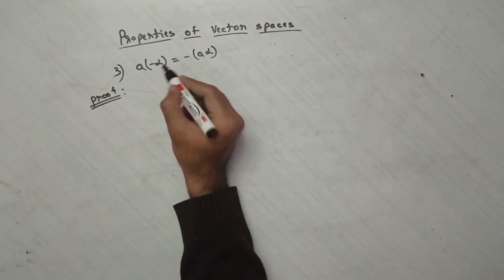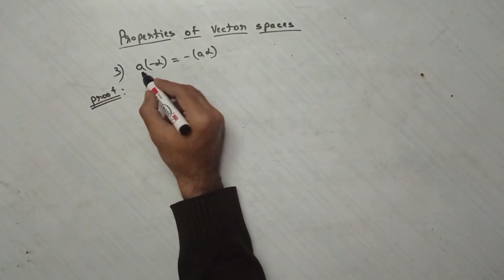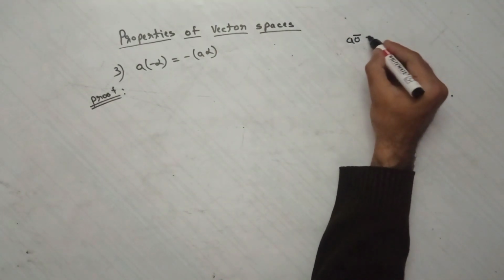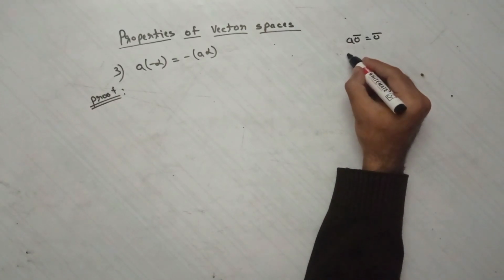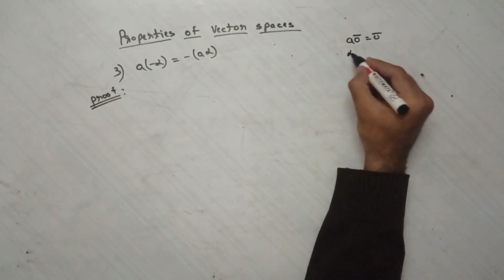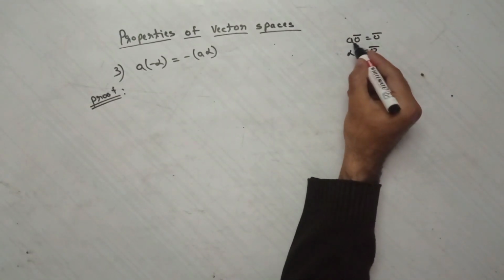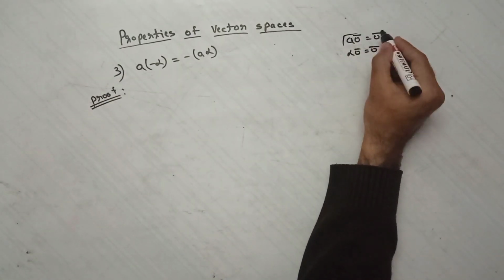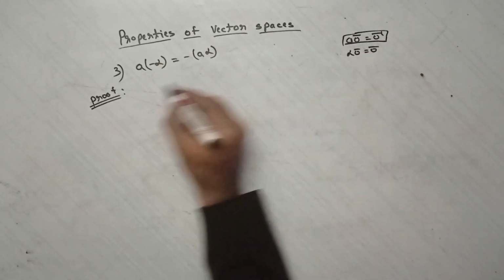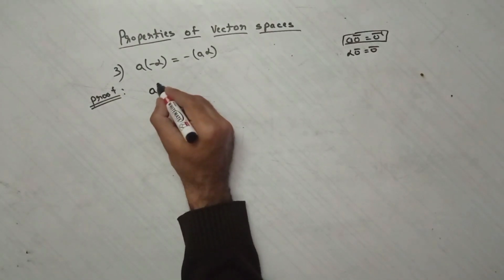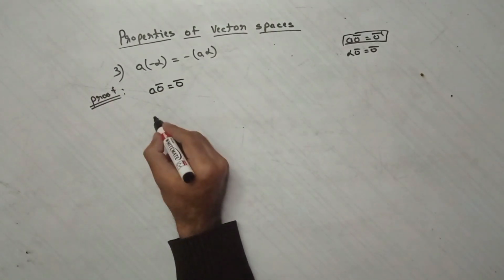We have two properties: a 0 vector equals 0 vector, and alpha 0 vector equals 0 vector. Here we need this a1 a, so we use this property. So now we write a 0 vector equals 0 vector.